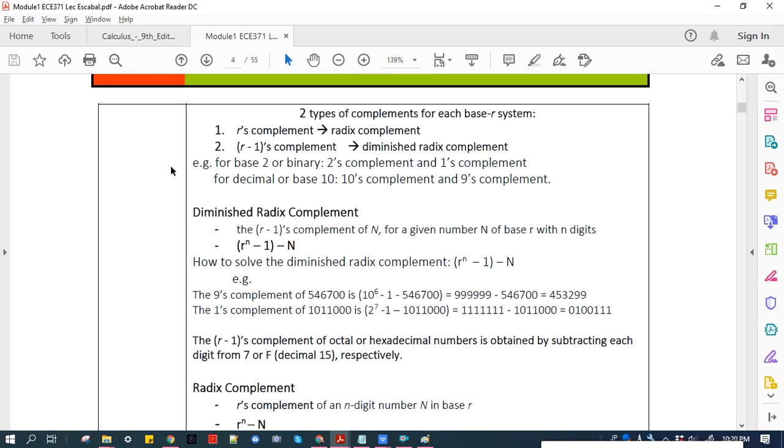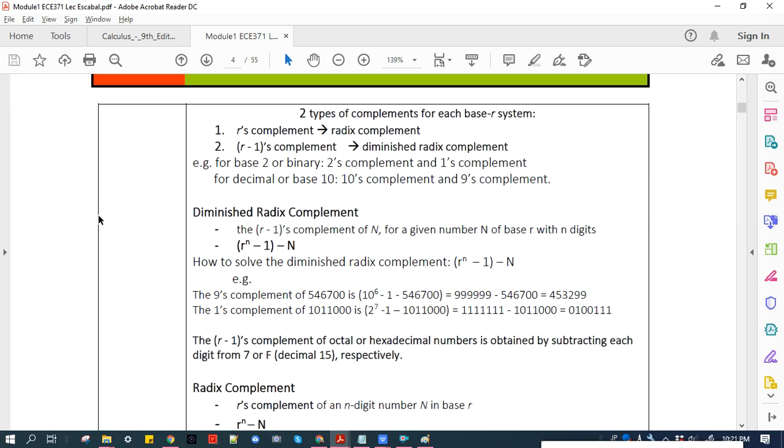For example, for base 2 or binary, the R's complement is called the 2's complement, while the R minus 1's complement or the diminished radix complement, that's 2 minus 1, so 1's complement. 2's complement and then 1's complement. For decimal, our base radix is 10, so we replace R with 10. So we have the 10's complement and then R minus 1, so 10 minus 1, that's the 9's complement.